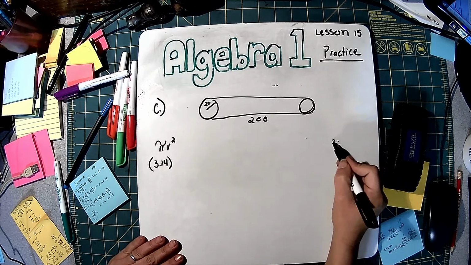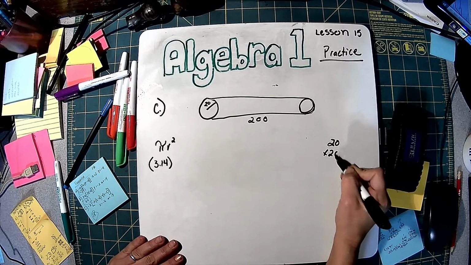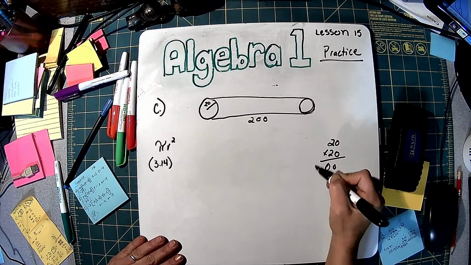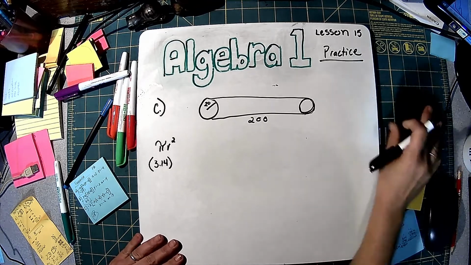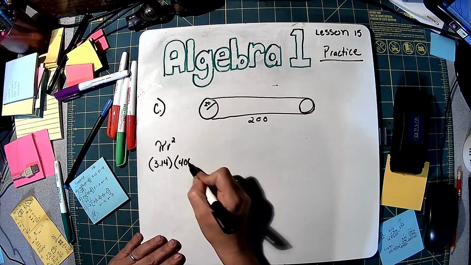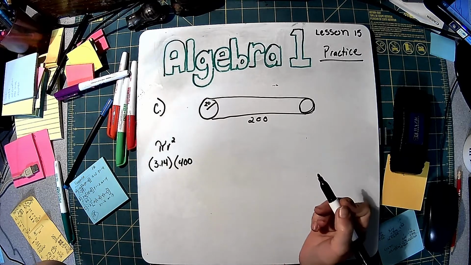20 squared would be 20 times 20, which would be 400. So we have to do 3.14 times 400.